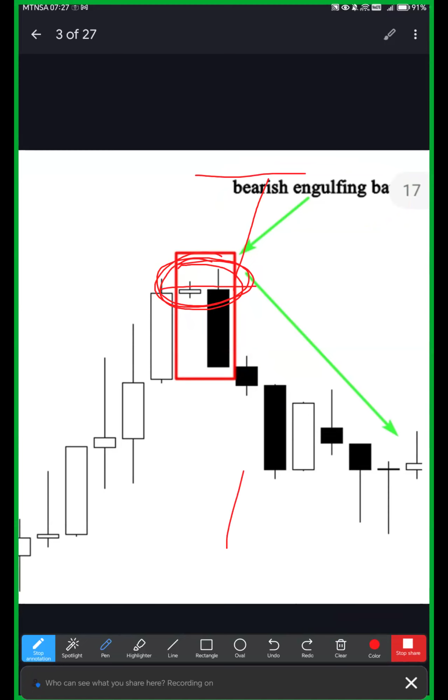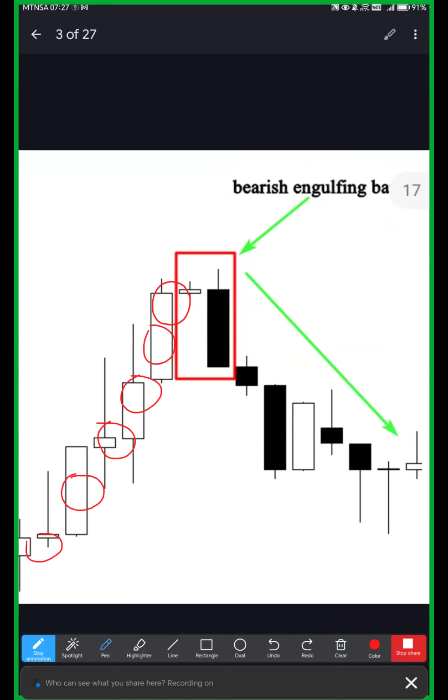Okay, this is very dangerous here. There are people who chase green candles.